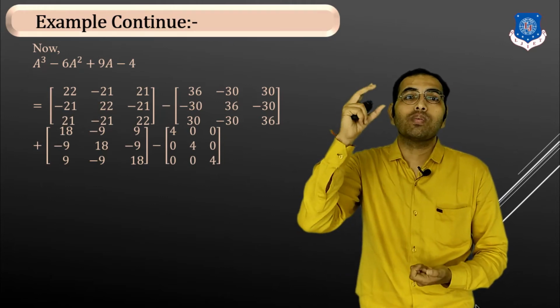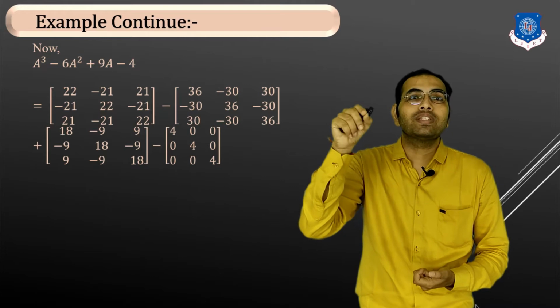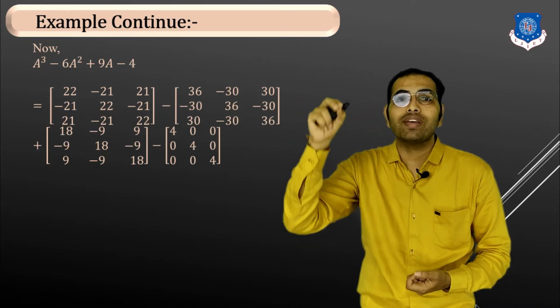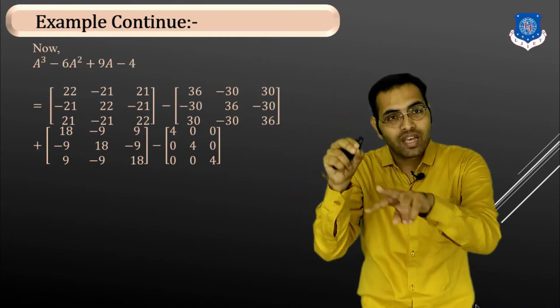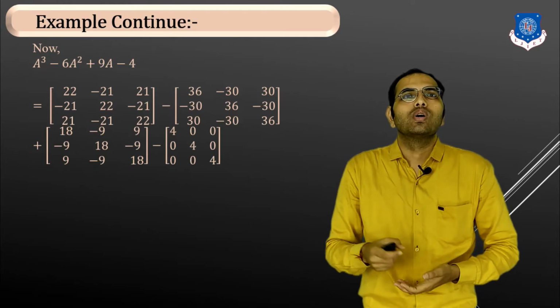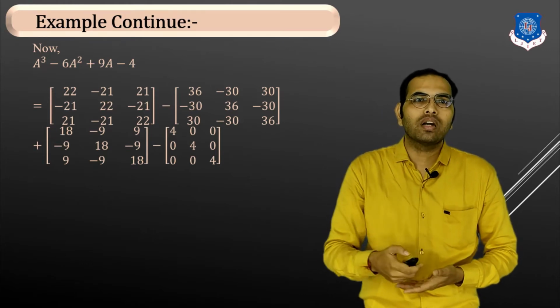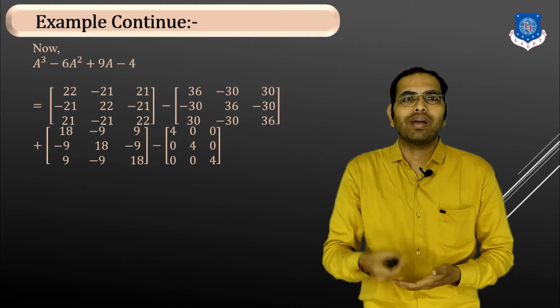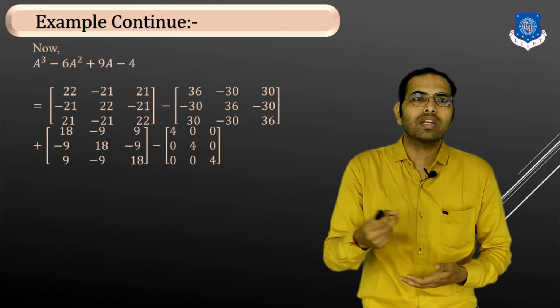Whatever the values of A square, multiply each and every value with 6, that will give you [36 -30 30; -30 36 -30; 30 -30 36].